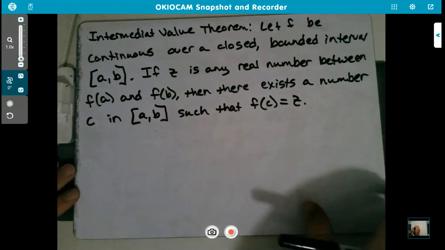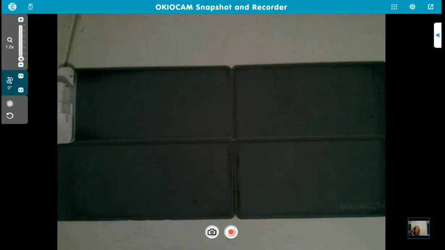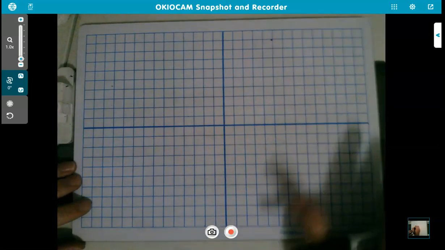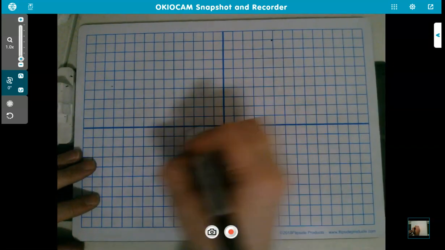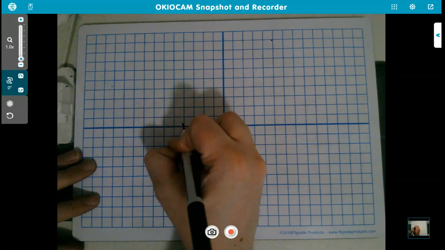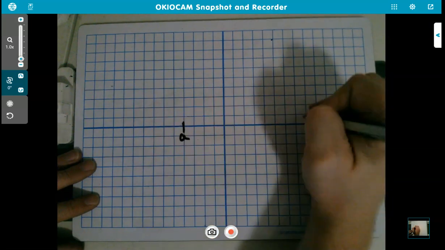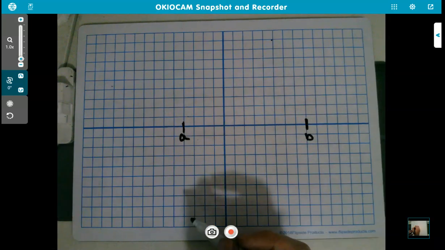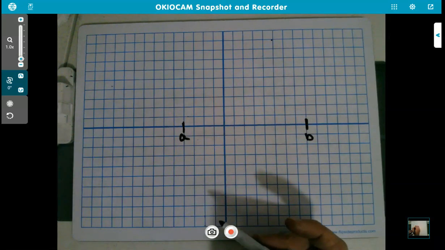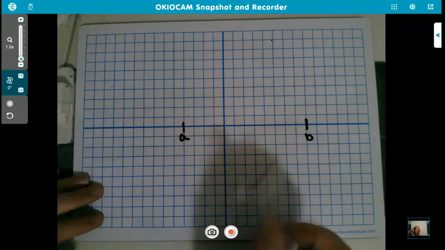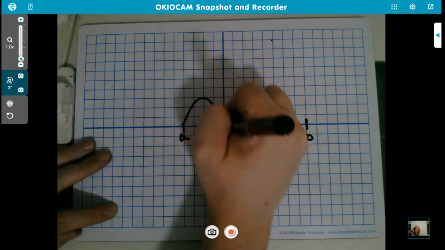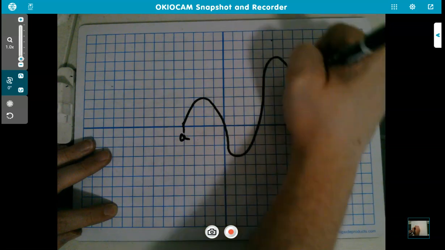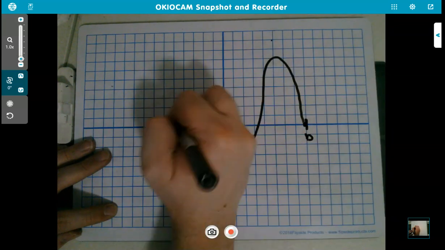If I have a graph, I'm going to turn this over to the graph side. Let's say A is right here and B is right here, and my graph is continuous over this whole space, which means I can just draw it as one smooth line.